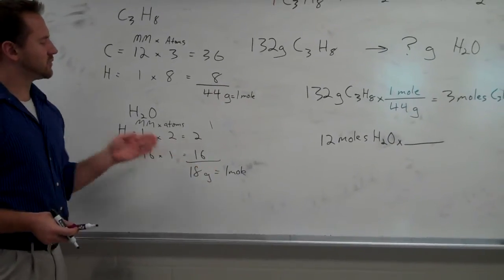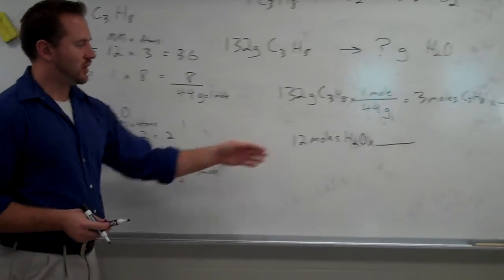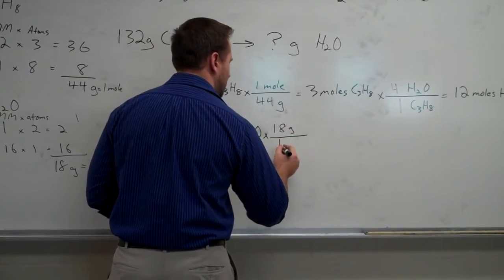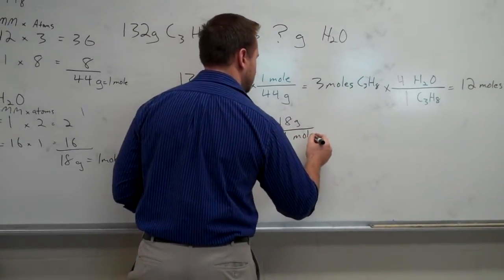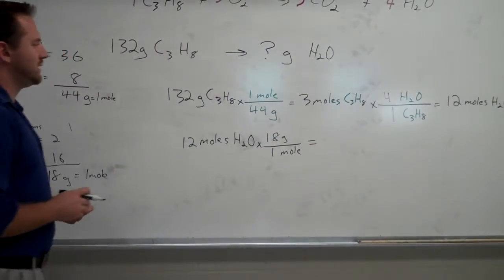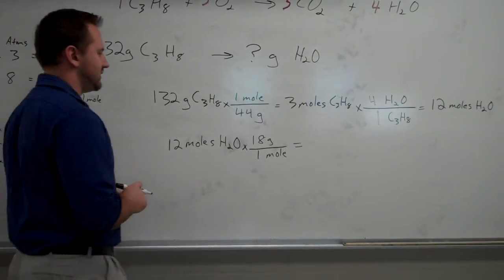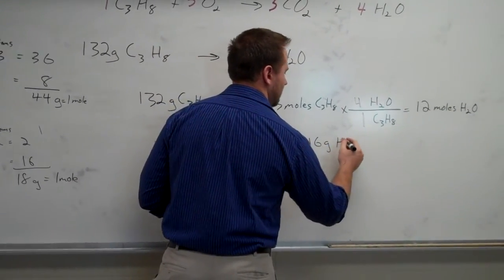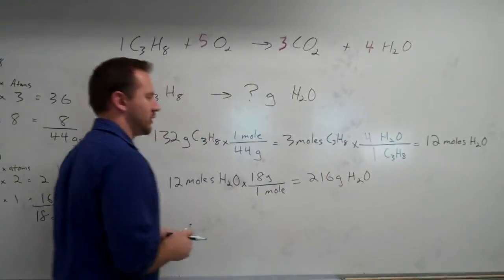We have 18 grams per 1 mole of water, so if we have 12 moles, we use that ratio, 18 grams per 1 mole of water, and we get 216 grams of water produced.